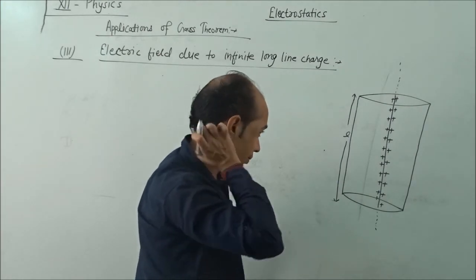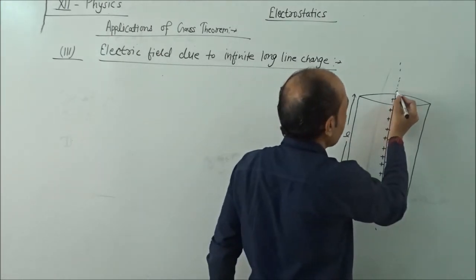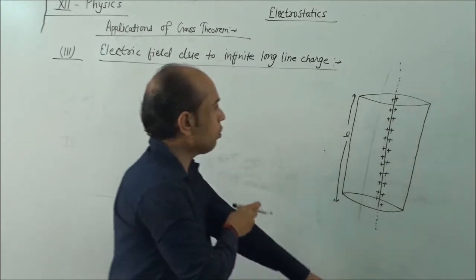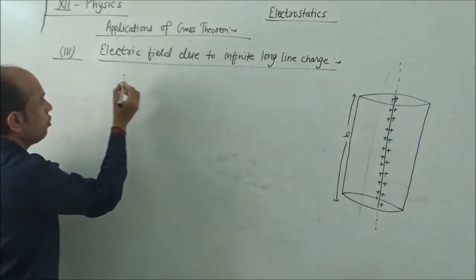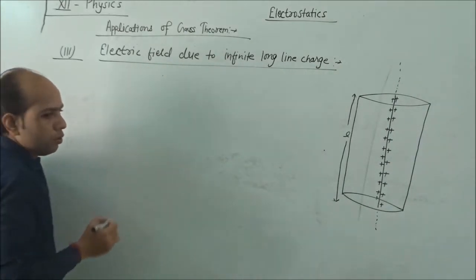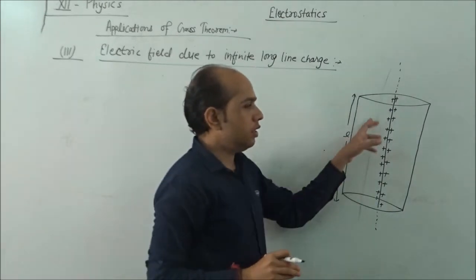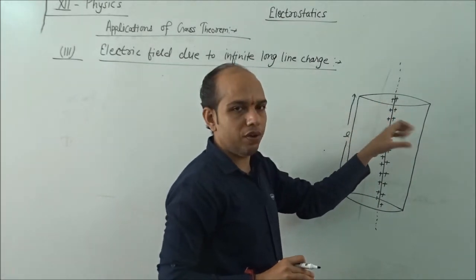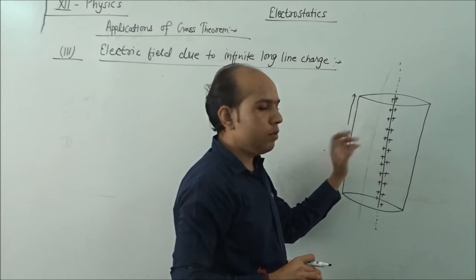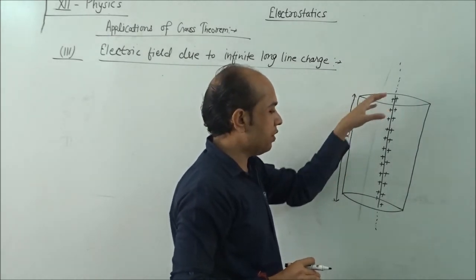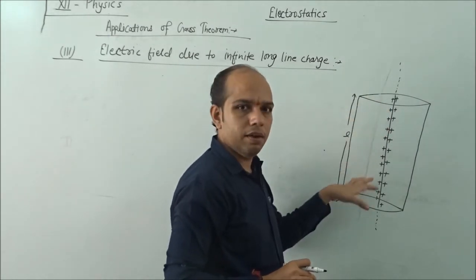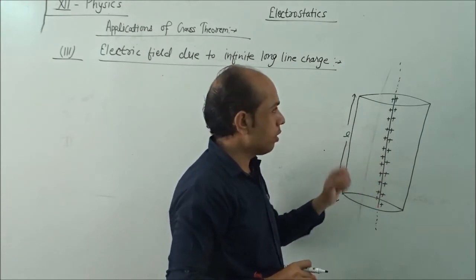In order to calculate, we again use Gauss theorem. Before using it, first we see the direction of the electric field and how much effect comes from the top surface, bottom surface and curved surface area.